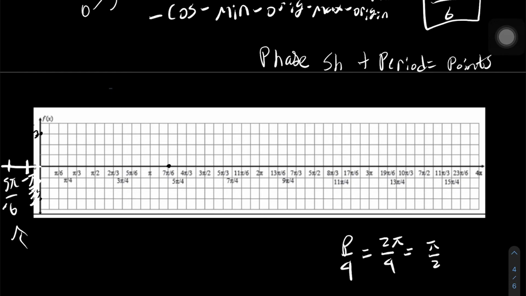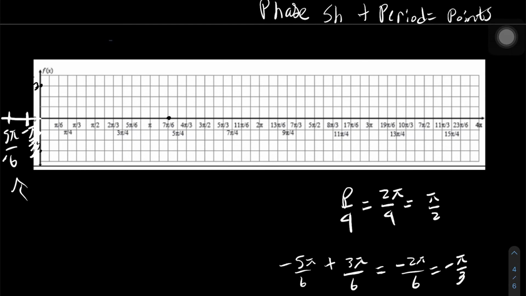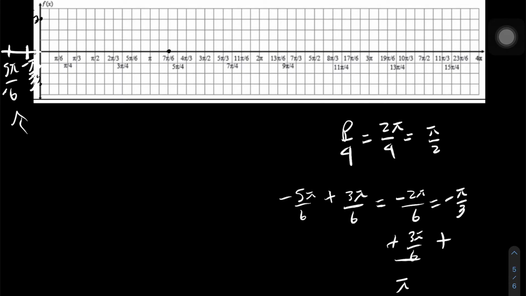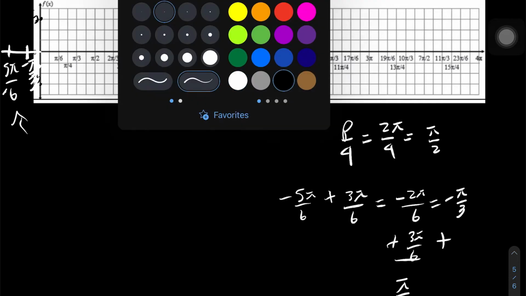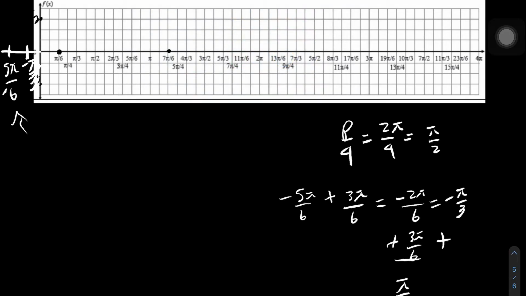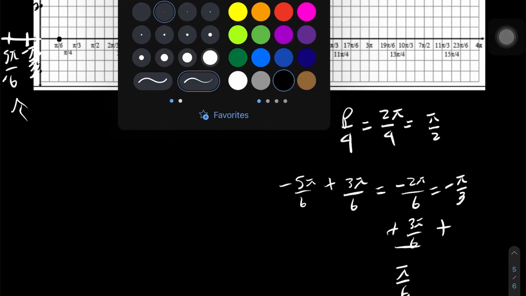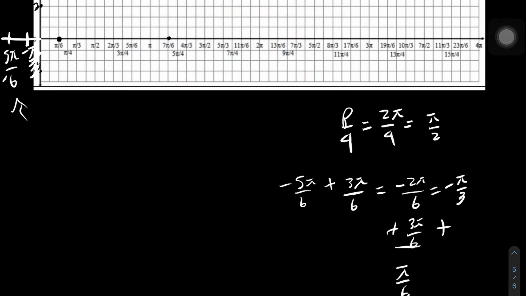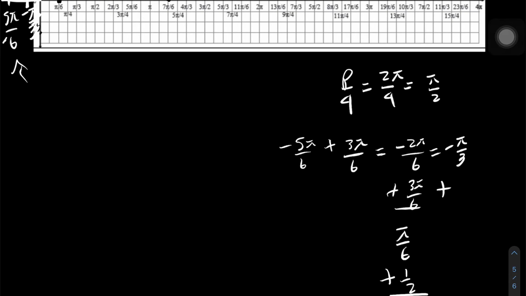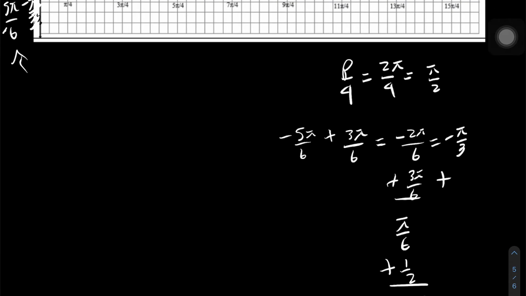Again, we are not really graphing those points since they're not on our graph. We add another 1/2, another 3 pi over 6, leaving us with pi over 6, which is the first point on our actual graph, our x value. Then we add another 1/2, which gives us 2 pi over 3.